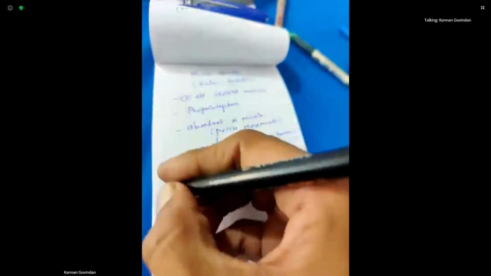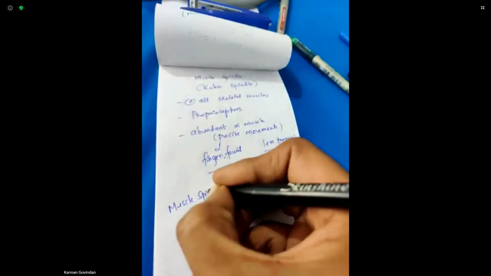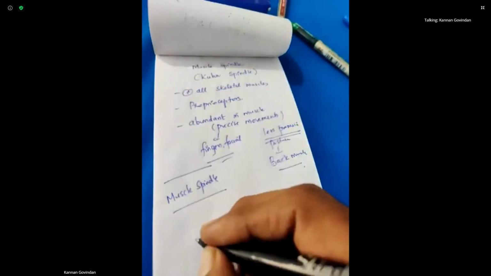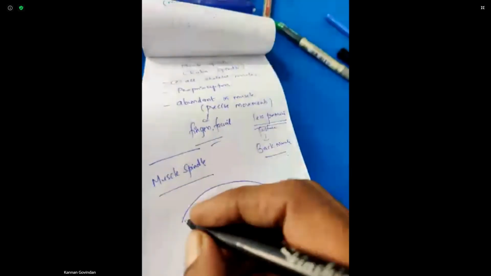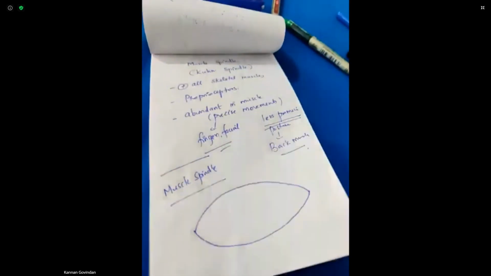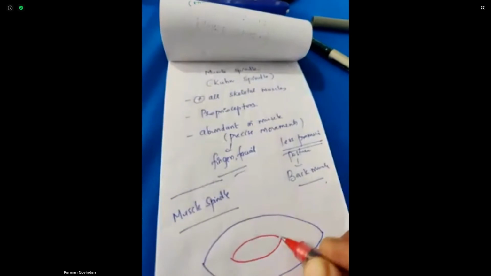Now going to the histology or functional anatomy of the muscle spindle. We'll take this as one skeletal muscle, for example biceps or triceps. That's the entire muscle. In the portion of each skeletal muscle, there will be a capsule.